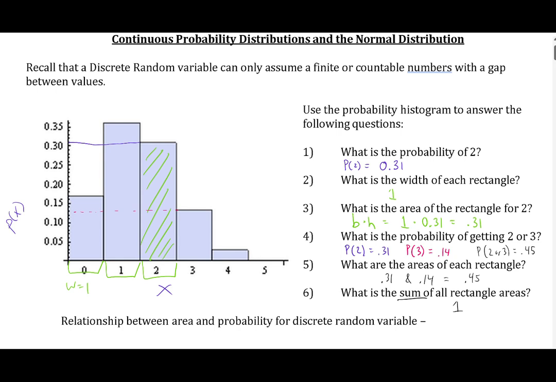So the relationship that I'm trying to build here is that area and probability are the same thing. The area under the curve, or under the picture, or under the graph, is equal to the probability for any given region. All right, so this is for a discrete probability.